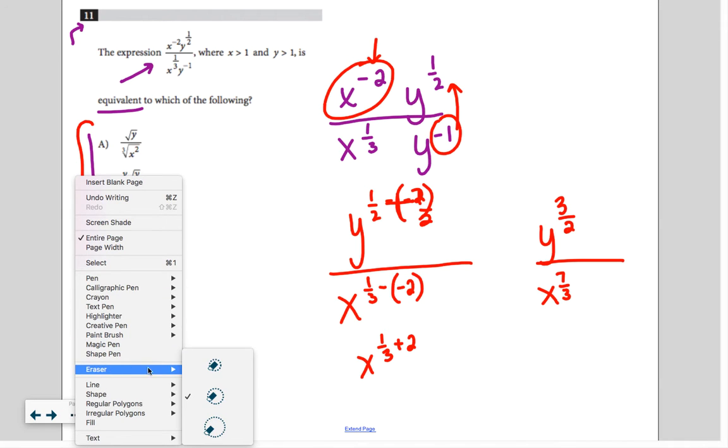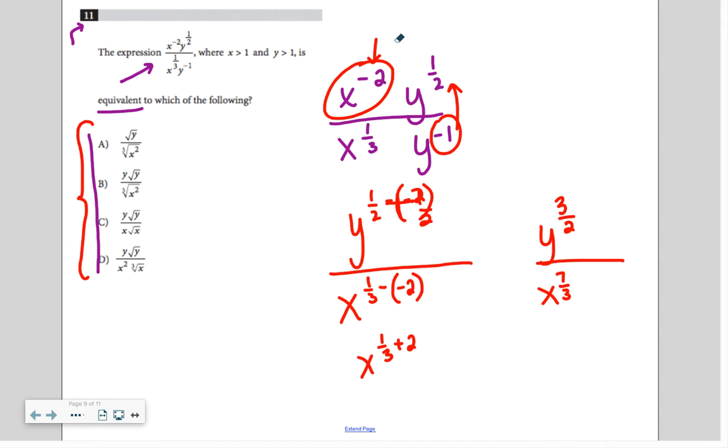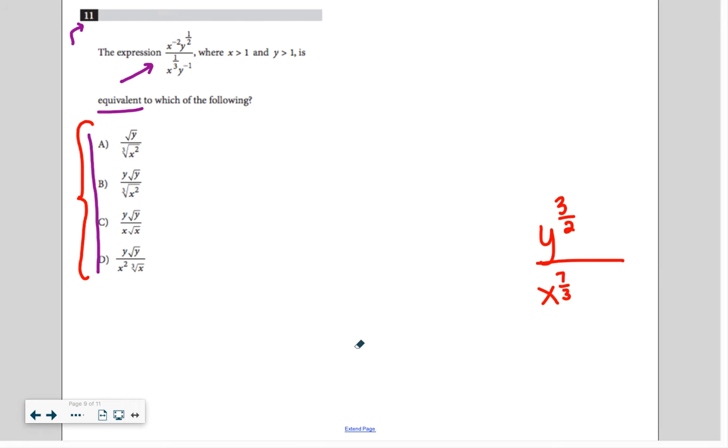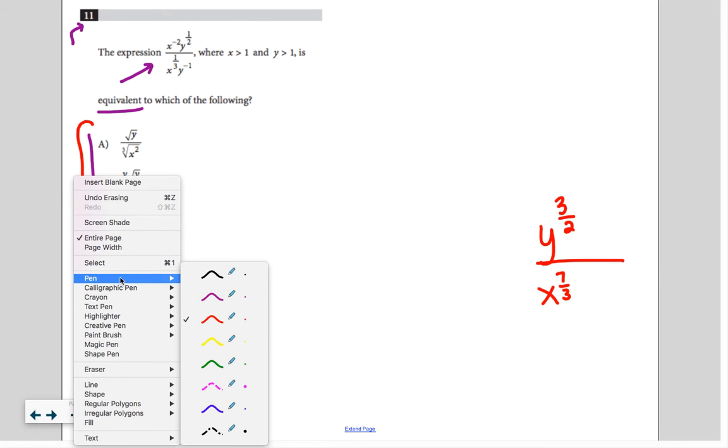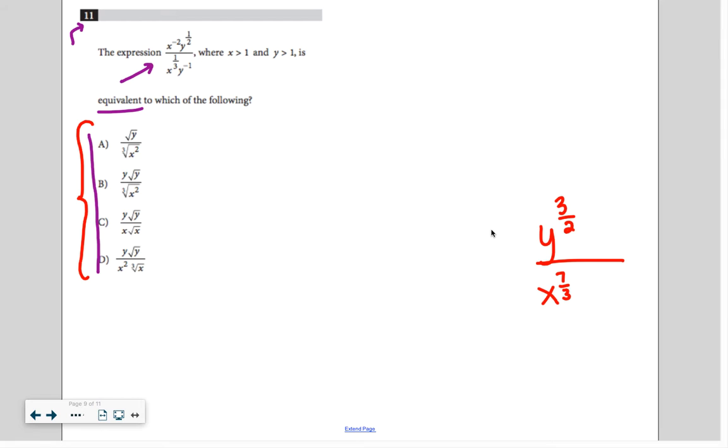All right, let me erase what I've done so far so I have some room and you can see it. How am I going to convert those to radicals? Well, it's harder because you got to use the algebra you remember. So just as a review, if I give you x to the 1/2 power, we can write that as the square root of x. X to the 2/3 power would be the cubed root of x squared.